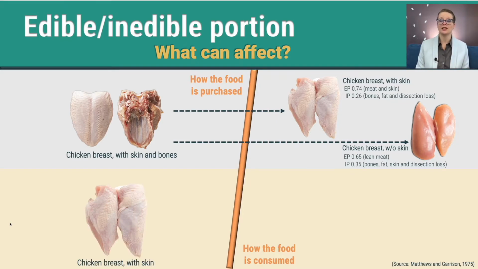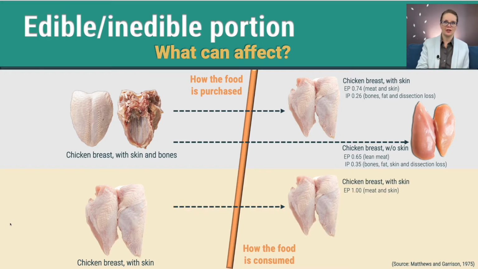Another option, instead of buying the chicken breast with the bones, the person can buy the chicken breast already boneless, so with the skin only in our example here. So in this case, again, we can have two options of edible portion. If the person is going to eat the chicken breast with the skin, the edible portion will be equal to 1. So everything that will be purchased will be also consumed.